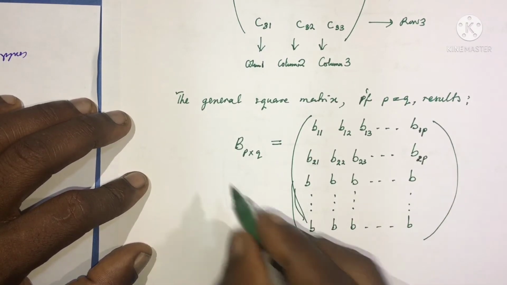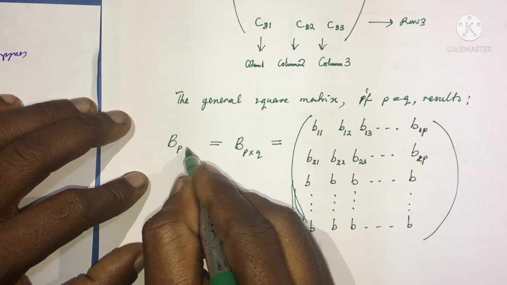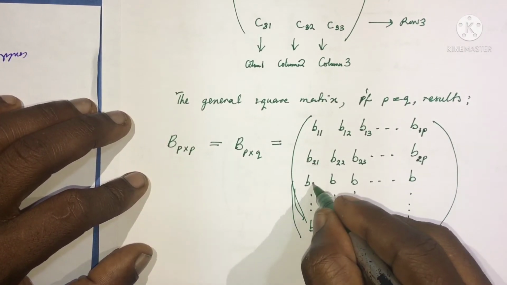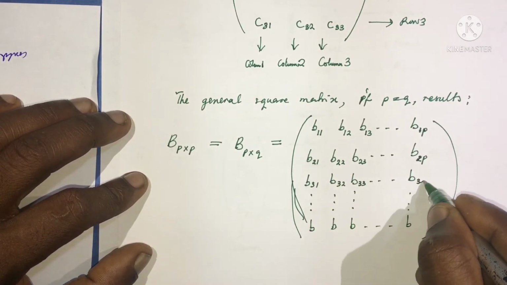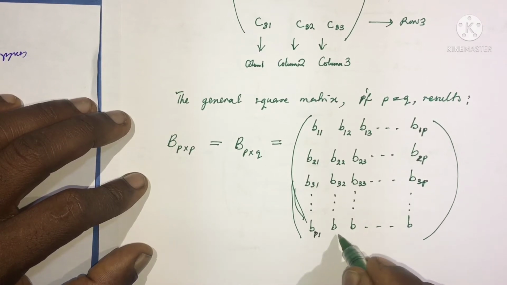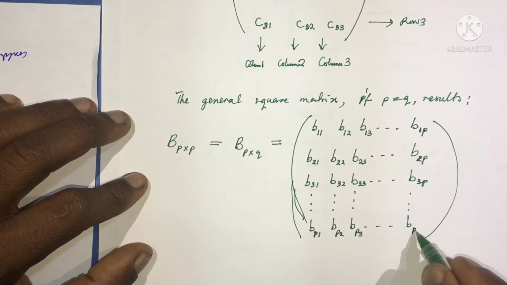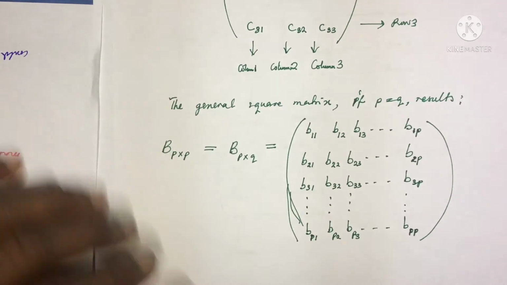Now, take note, if P is equal to Q, then I could just as well write P by P. So, this will be B31, B32, B33, up to B3P. This will be BP1, BP2, BP3, and this will be BPP. Instead of writing PQ, it will be BPP.